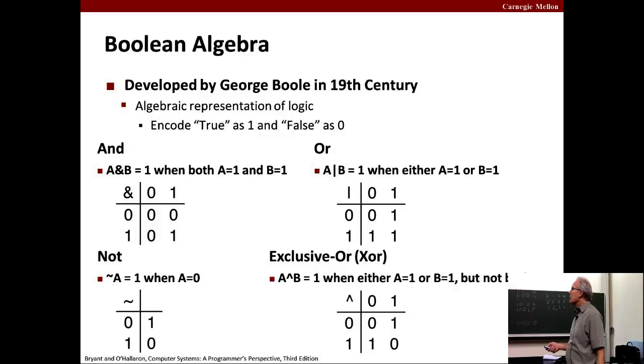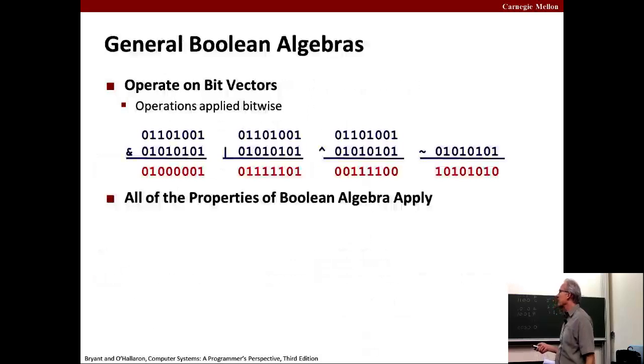So anyways, the idea of applying this algebra to bits is not something that's been true since the world began. It's a relatively modern concept. Now, an important thing that might be less obvious is we can also do these over words. We can do these Boolean operations where we apply them on each successive bit in that word.